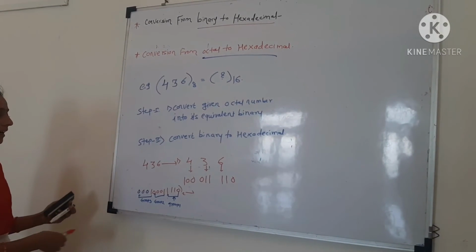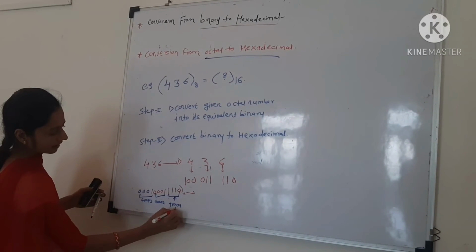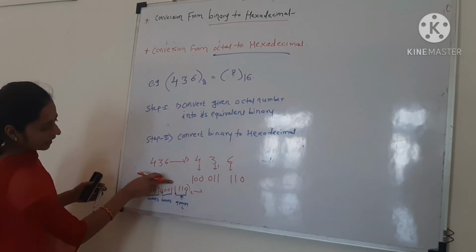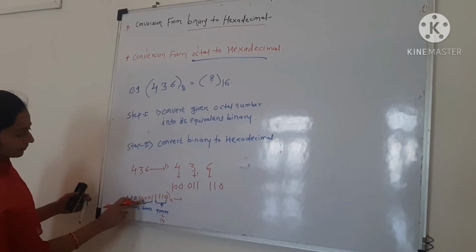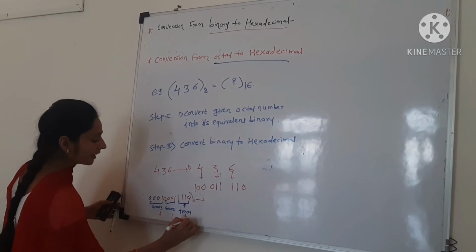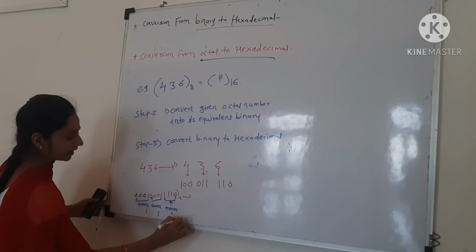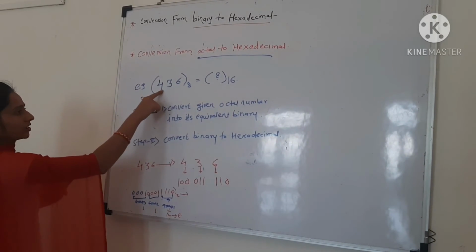After doing the grouping, the next step is to write its equivalent number. What will be the number? 8 plus 4 is 12, plus 2 is 14. Here 1, here 1. In hexadecimal, 14 is nothing but E. So what is the final answer of this conversion?